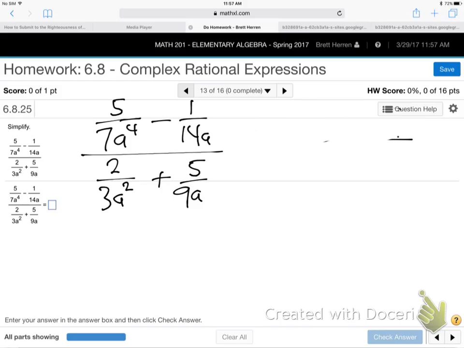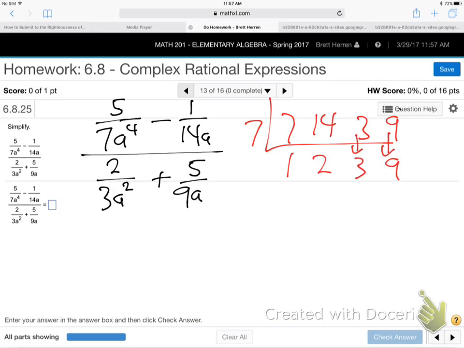So go ahead and do the, I'm going to change the color, but go ahead and do the, they're all odd numbers. They're not nice numbers. 3, 7, 9. Yeah, so you can put 7 out there, goes in once, goes in twice. Bring down the 3, bring down the 9.